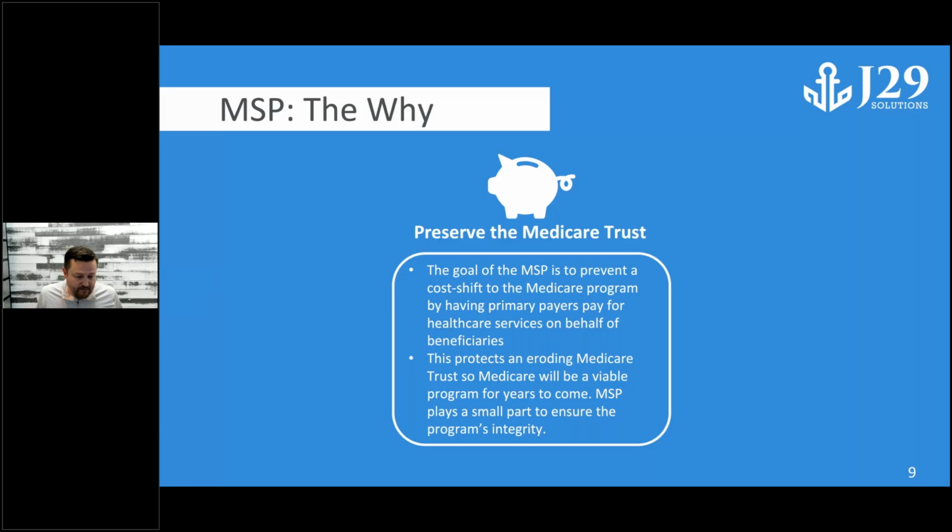It may not seem like a big deal with respect to this huge behemoth healthcare program, but think of the millions and millions of people every year who are involved in workers' compensation accidents, who have group health plan coverage, who are out there going to treat when Medicare should be paying, who get in automobile accidents, etc. So it's really a mechanism to ensure that Medicare is going to be a viable program for years and years to come, so our kids and our grandkids have Medicare coverage.